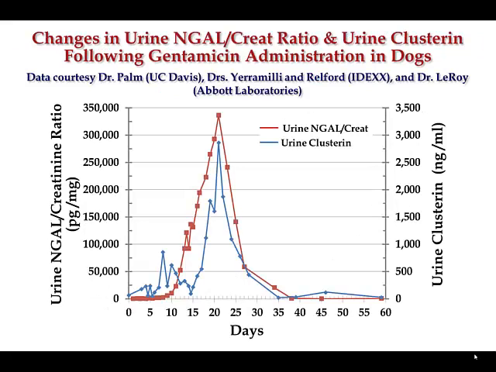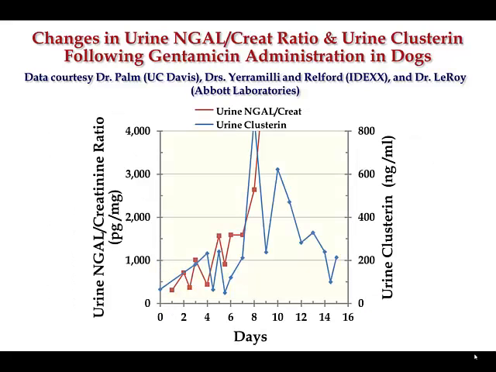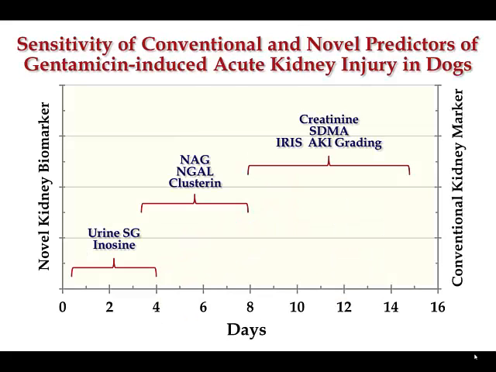Now, if we look at urinary Clusterin versus the NGAL creatinine ratio, and again, I'm going to expand this early phase of the disease here, we can see that both of these markers are coming up at a very early stage, within 2, 3, 4 days of the injury.